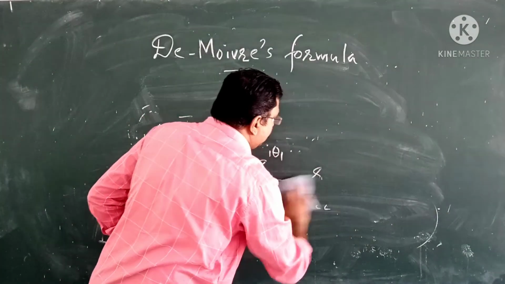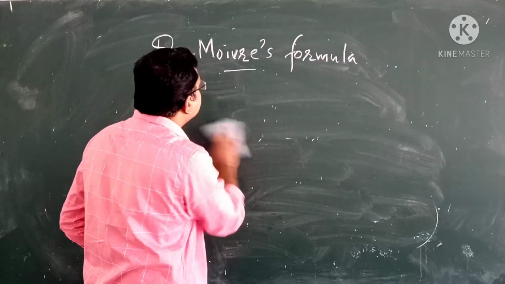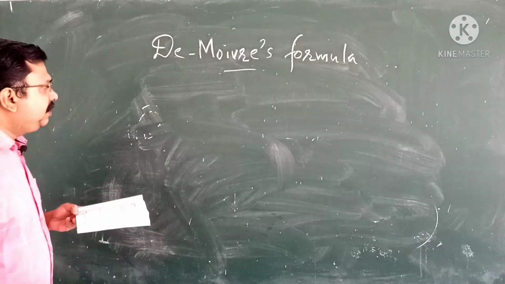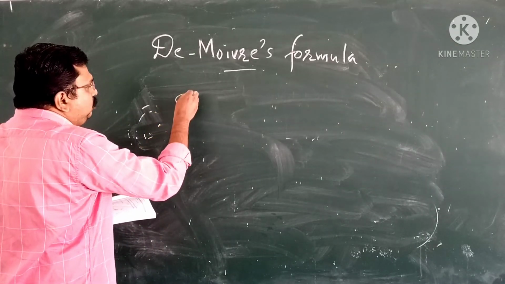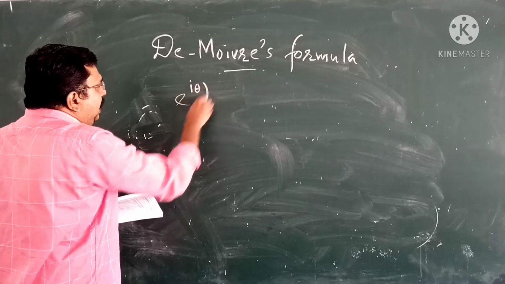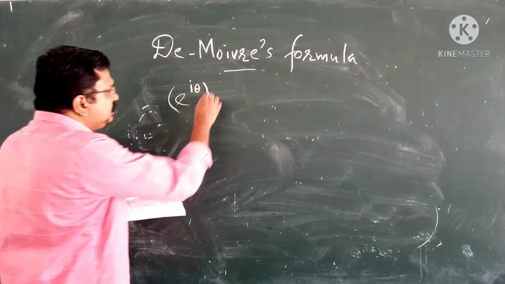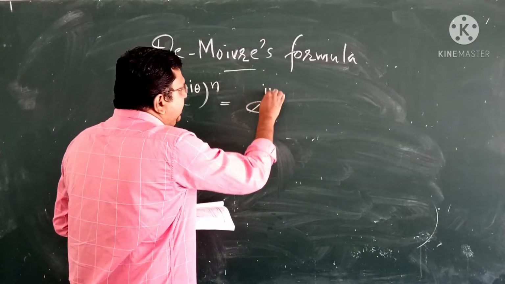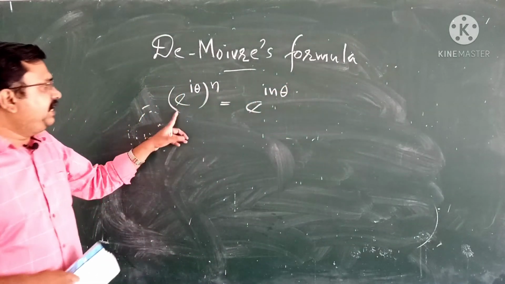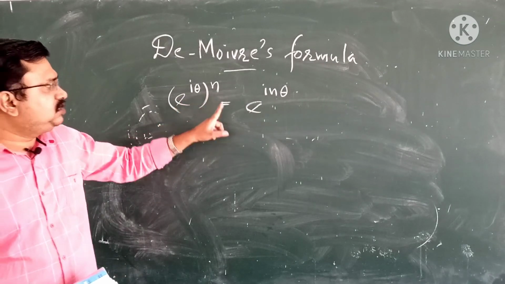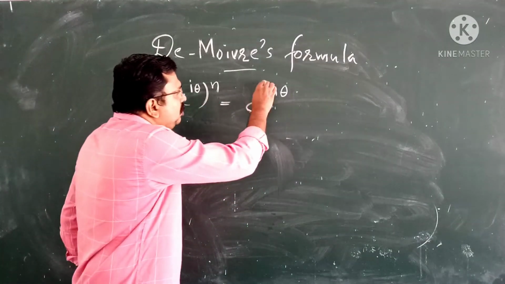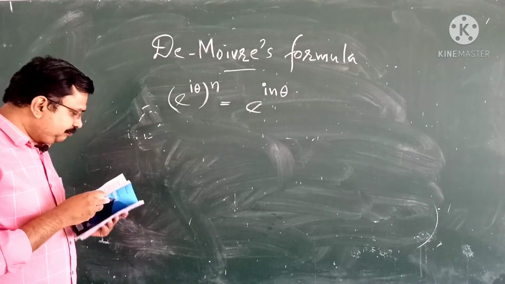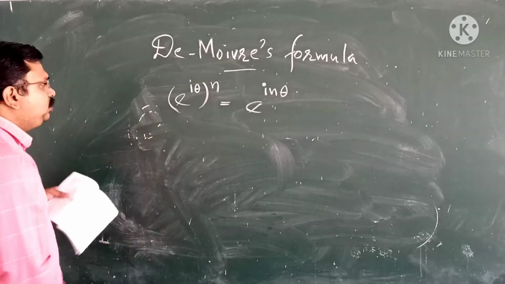Listen. We know that e raised to I theta, the whole raised to n, can be written as e raised to I n theta. Okay. E raised to I theta, the whole raised to n, equals e raised to I n theta. Okay. Then what is e raised to I theta?